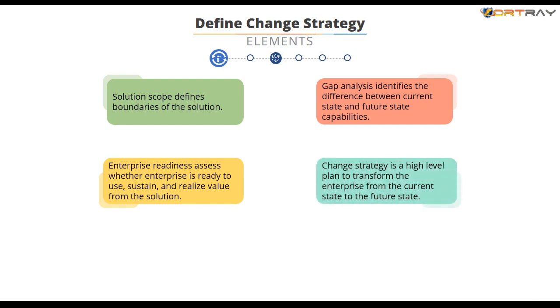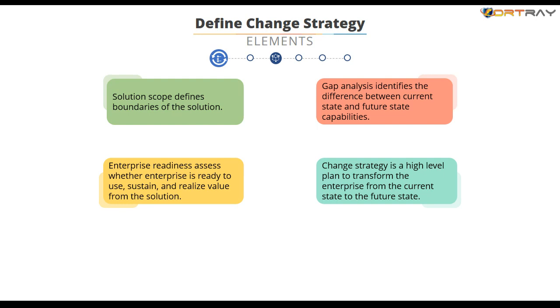Change strategy is a high-level plan that will be executed to transform the enterprise from the current state to the future state. During the course of the development of change strategy, several options may be identified. A most viable change strategy is selected from the set of available options. The business analyst may further develop a business case for each potential change strategy to support decision-making.